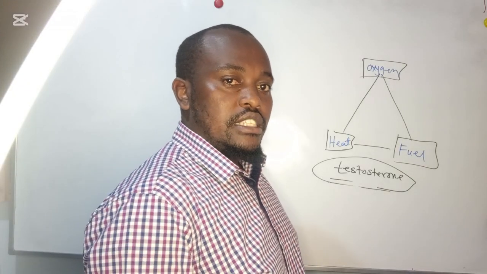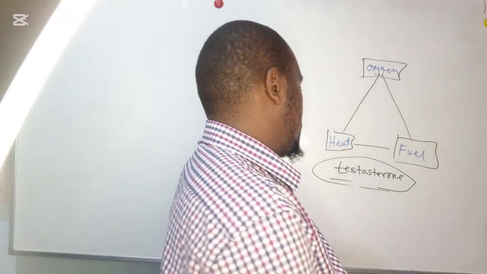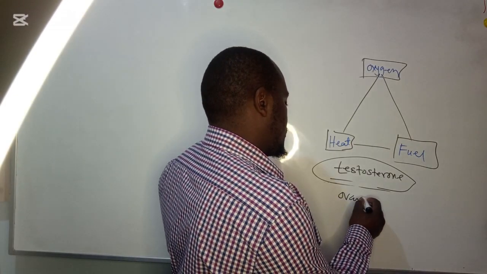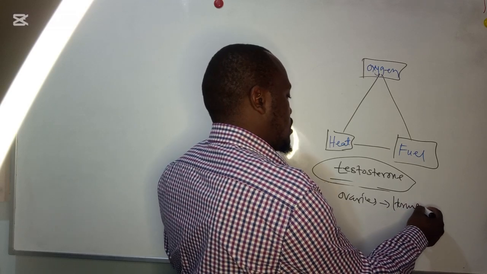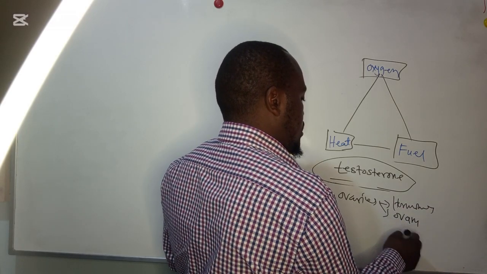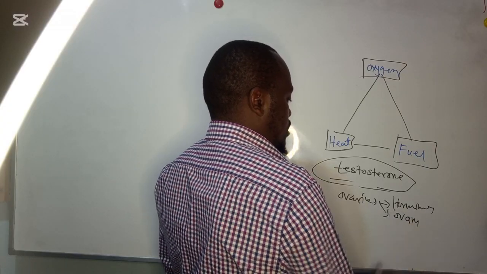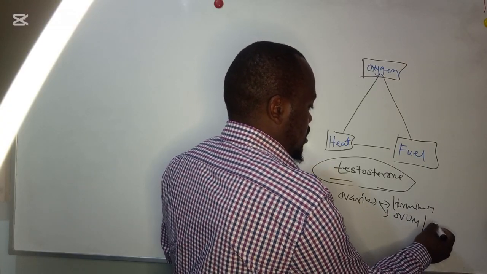Again, something that is relatable with the female reproductive system is that ovaries also produce hormones, and also produce the ovum. Or when there are many, ova.